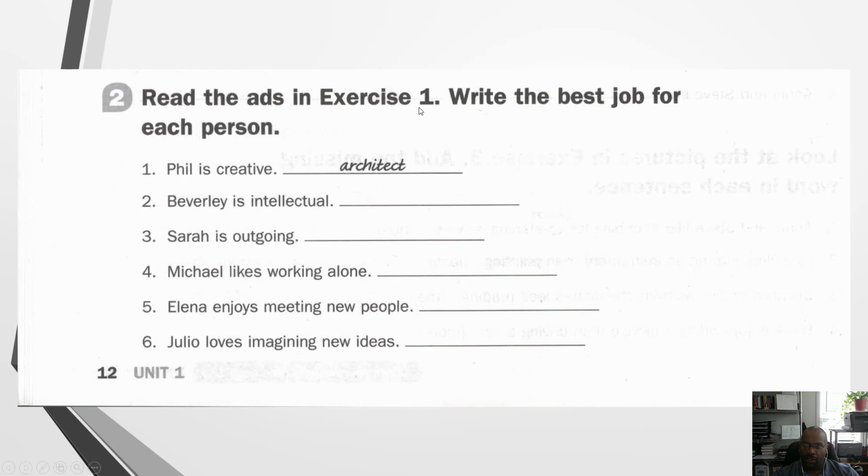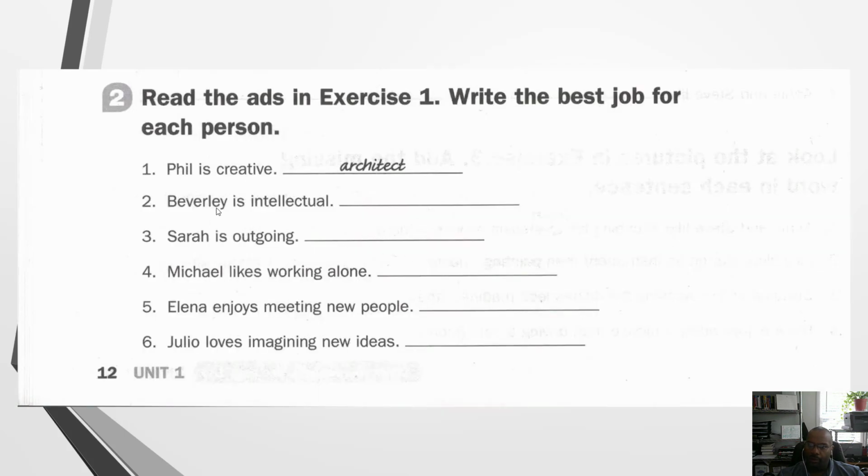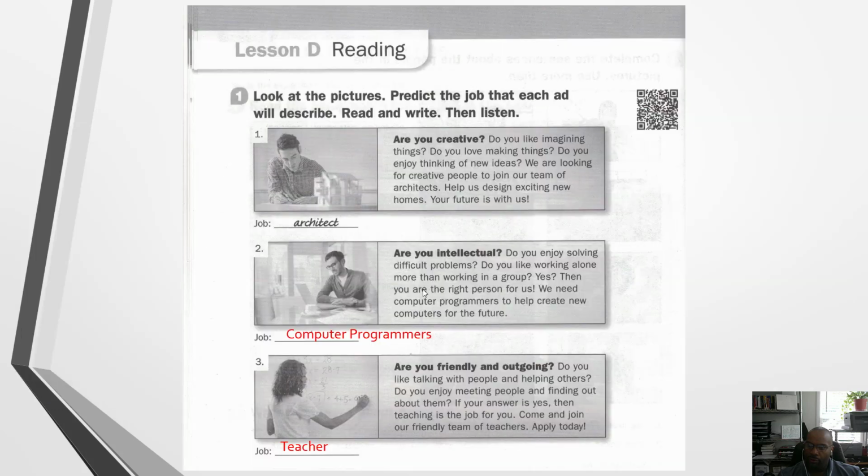Read the ads in exercise 1. Write the best job for each person. So the first one is done for us. Phil is creative, so he would probably fit the architect job description, right? Beverly is intellectual, so I said that she would probably fit the computer programmer job description.